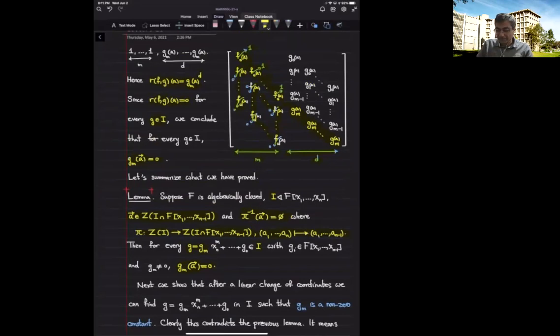So altogether, we end up getting this interesting result that if pi fails to be surjective, then for every g inside the ideal I, the leading coefficient evaluated at this A that fails to have a preimage should be 0.